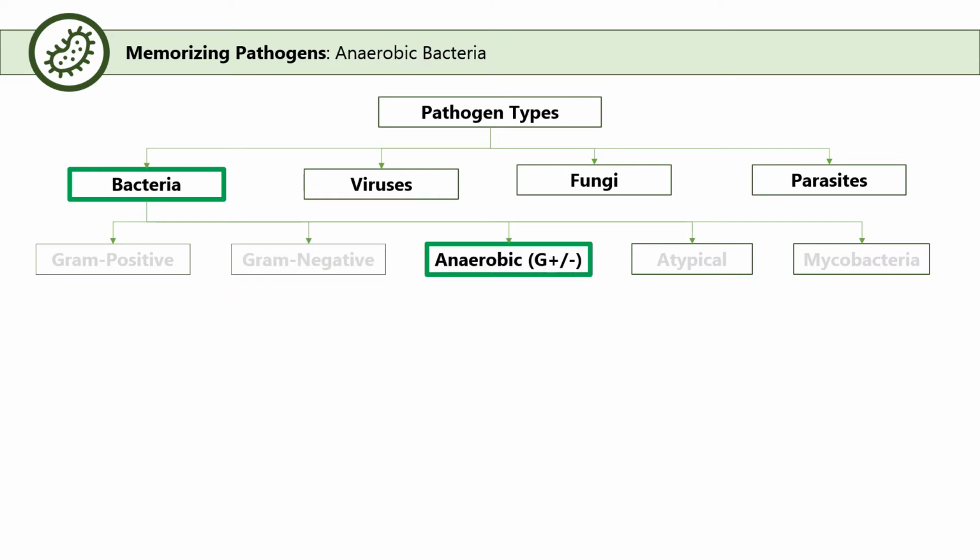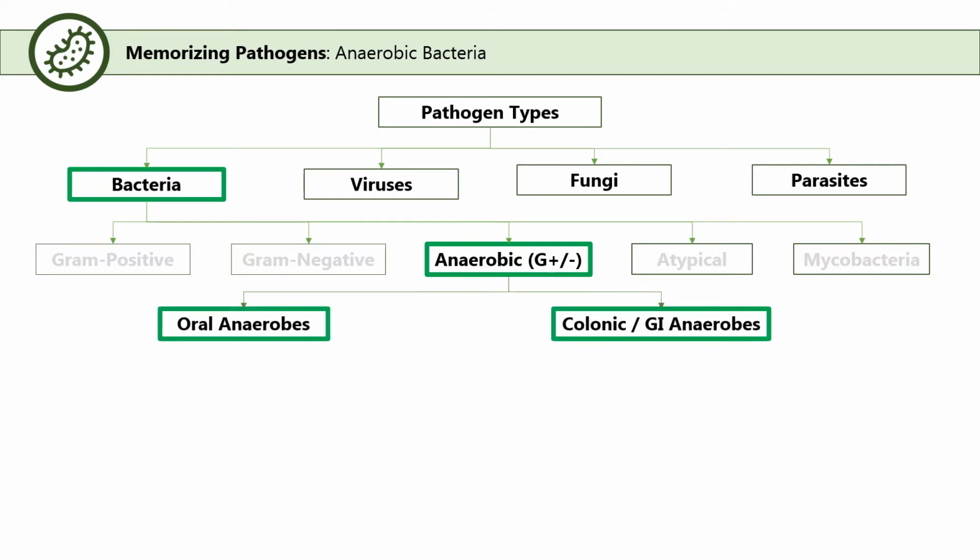A small group to memorize is the anaerobic bacteria. Anaerobes can be gram-positive or gram-negative, but because they have unique antibiotic susceptibilities, they should be memorized into a separate anaerobe group. Functionally, we'll just split this group into 2 small subgroups, the oral anaerobes that live in our mouth, and the colonic or enteric anaerobes which live in our gut. These organisms can sometimes be found in both locations, but it is useful to memorize that in general, they are treatable by different antibiotics.